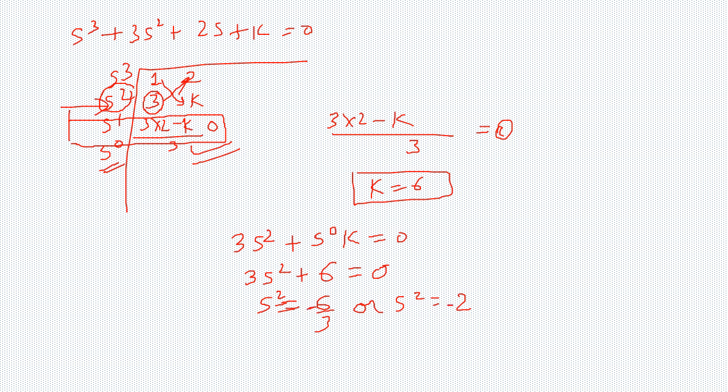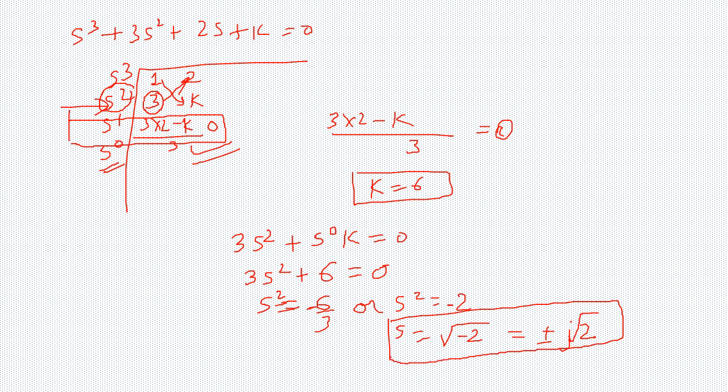So you get s is equal to under root of minus 2, which is equal to plus minus j root 2. This is our answer. It will be crossing the j omega axis at s equal to plus minus j root 2, or plus minus j1.414, if you want to write like this.